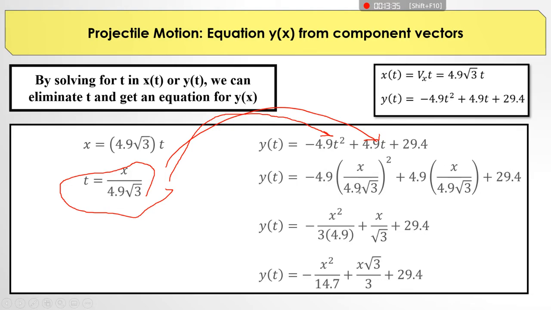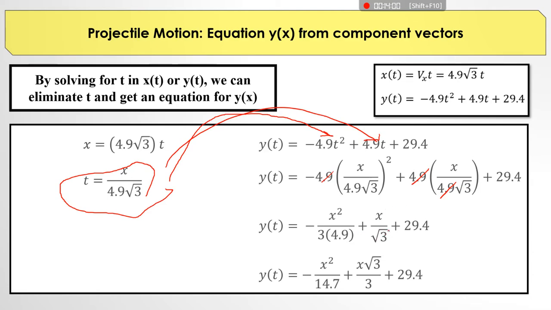Okay, so if I keep solving this, I'm going to square this, so I'll end up with x squared, 4.9 squared, and root 3 squared. Root 3 squared is 3. 4.9 squared is 4.9 times 4.9. One of those 4.9s will cancel, so it'll leave me with just one 4.9 on bottom. This 4.9 and this 4.9 will cancel, so I'm left with only the root 3 on the bottom of that term.